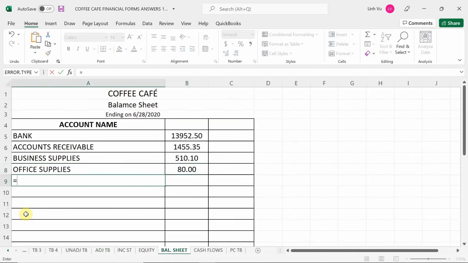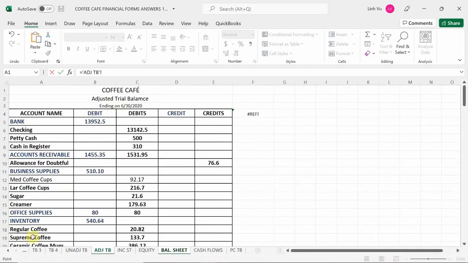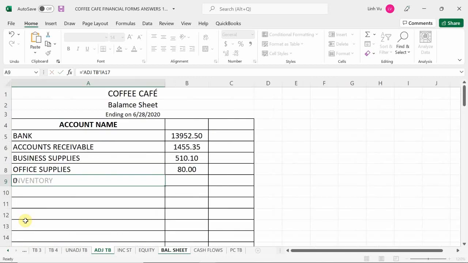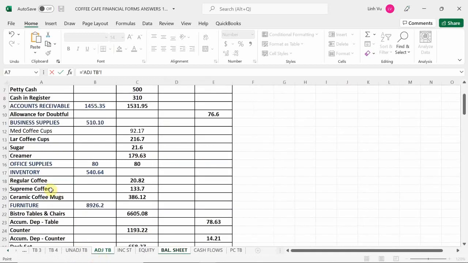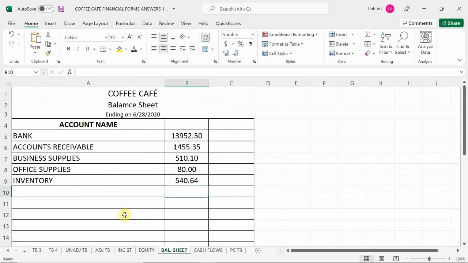Okay. Next account I have is inventory. My inventory is currently at a total of $540.64. Okay.